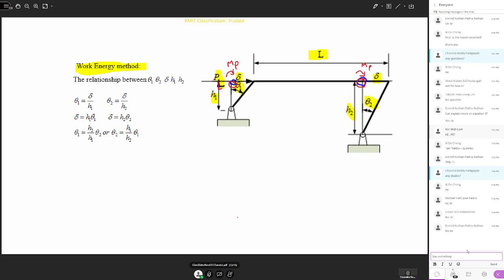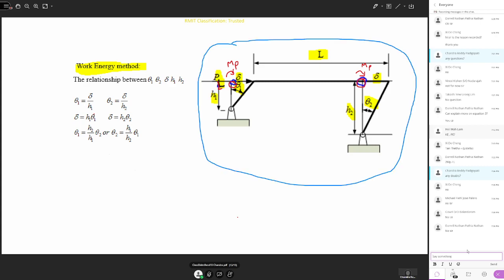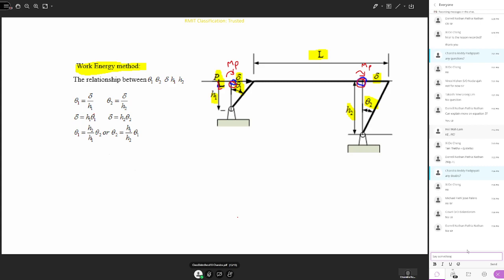Initially the structure is like this. Before the collapse, the structure is like this.